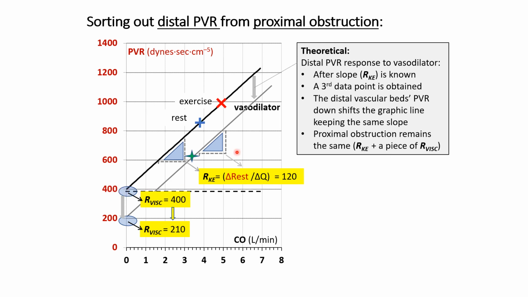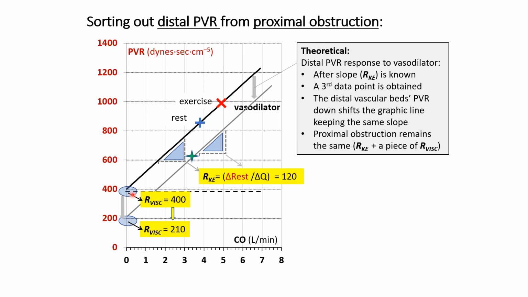Now, suppose you do the cath, the patient is at rest, and then you exercise him. You get that other point, and then you give a vasodilator. Theoretically, this line would go in parallel, so you only need one situation of vasodilation, and you plot a parallel line, and you're going to get a new B point, which means a new distal resistance.